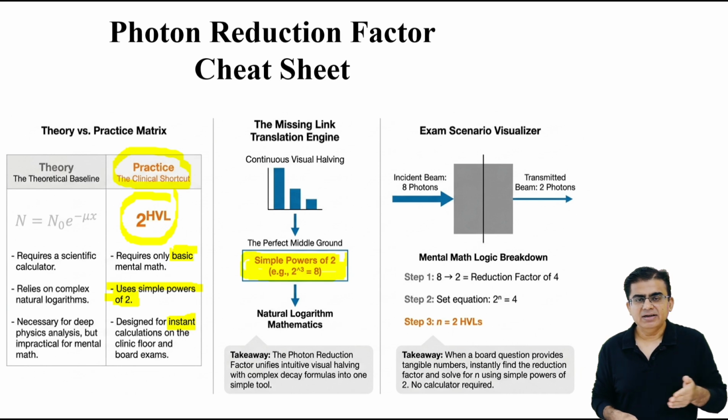Using simple mental math, we know that 2 squared equals 4, which means n equals 2 HVL. Please memorize this visualizer. Whenever a board question gives you these tangible numbers, instantly find the reduction factor and solve for n using simple powers of 2.